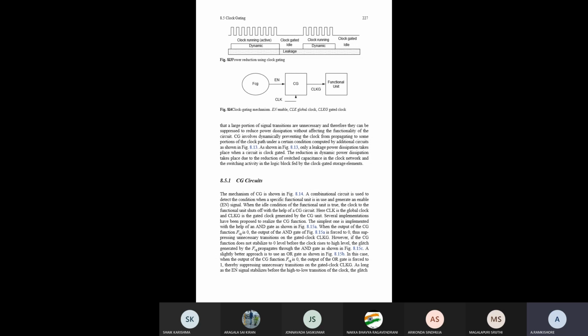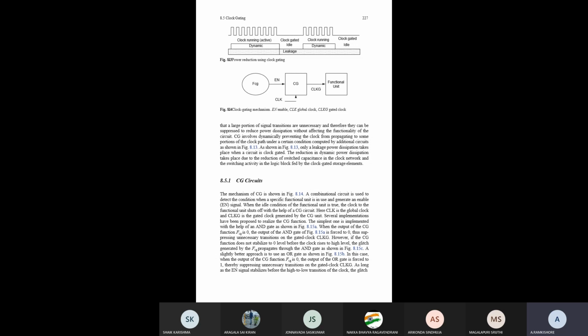Whenever the clock signal is in idle condition, the circuit faces the leakage problem that is introduced within the circuit. That means whenever the clock is running, the power consumption of the circuit will be reduced.